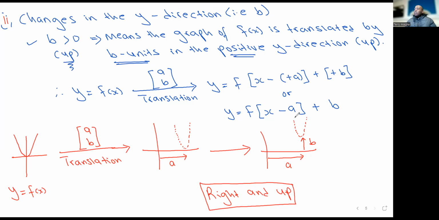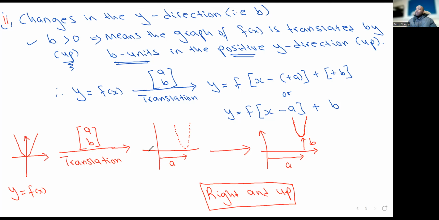So the final graph you're going to have is going to be here. This will be the new graph. The graph that initially was here is going to move to the right by A units and then move up. And this is what you have.